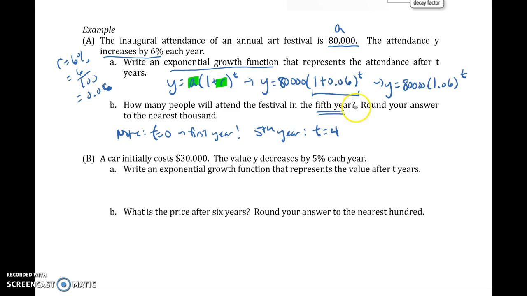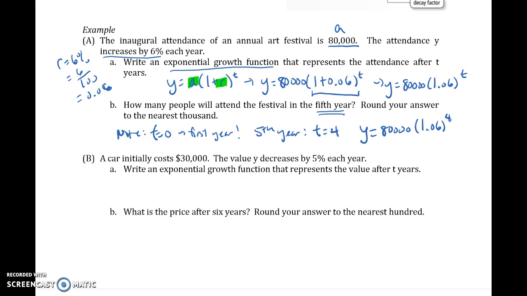Okay, so that's just tricky here in the way they word it. If they said how many people attend after 5 years, then we'd plug in 5. So just be careful, watch out for the language. Now all we have to do is plug in 4 for t. So y equals 80,000 times 1.06 to the 4th power.